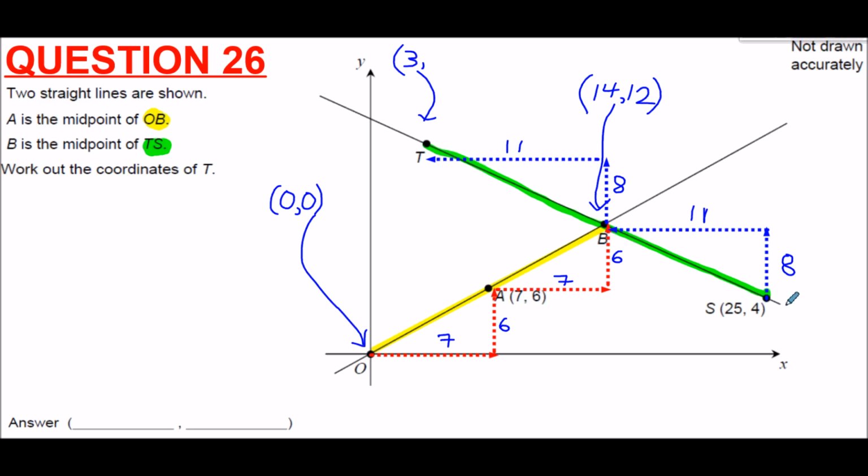So from 4 up to B, from 4 to 12 is a rise of 8, then we make another rise of 8 from 12. So 12 added to another 8 would be 20. And so that tells us that the coordinates of T must be 3 and 20.